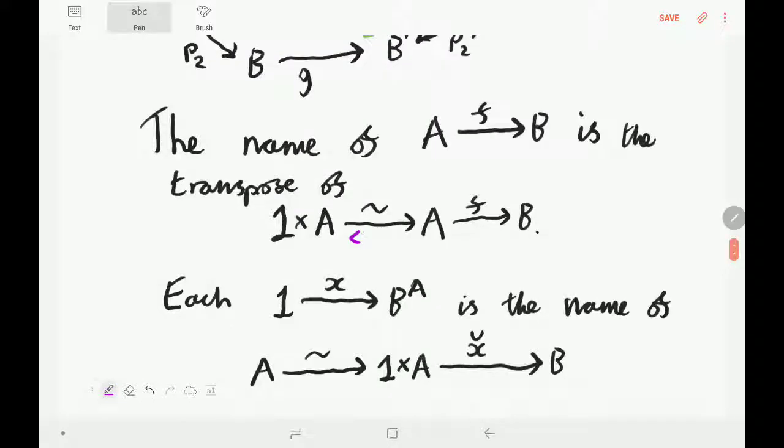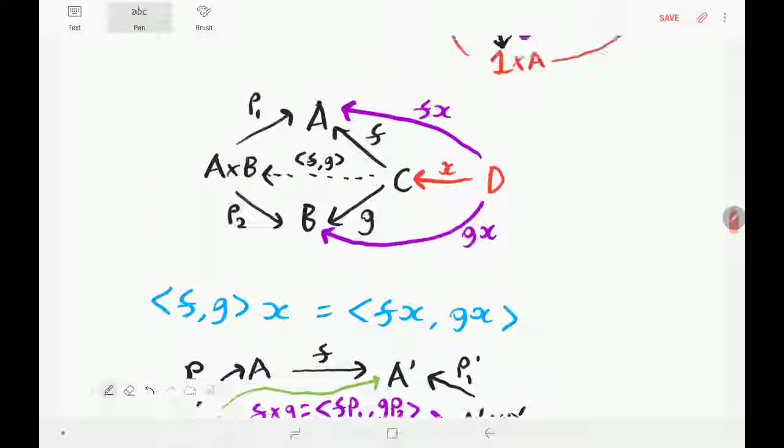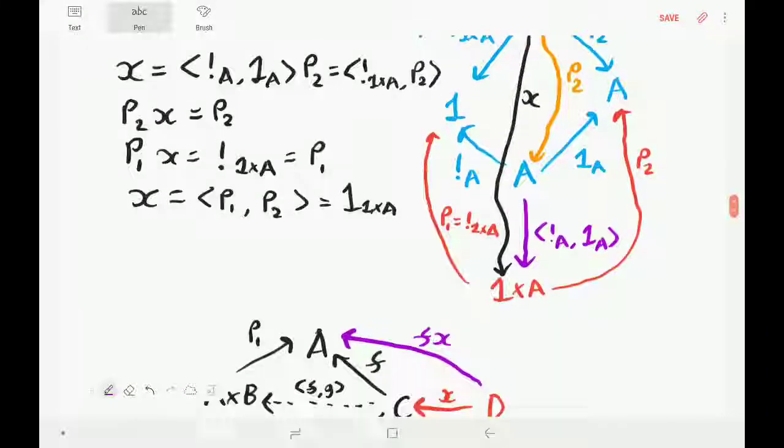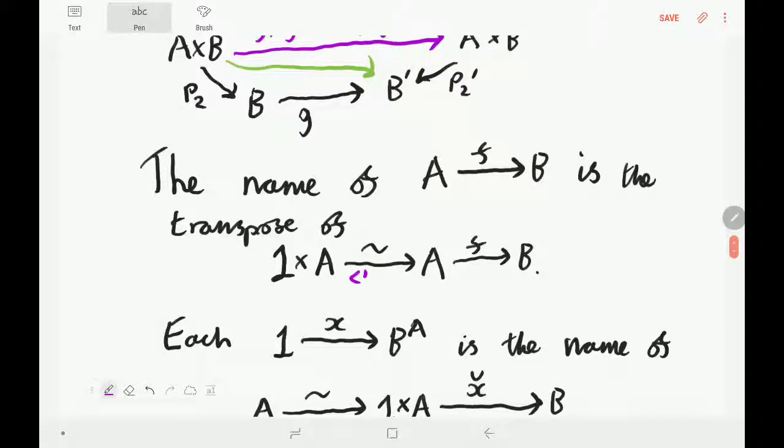So this is P2 here. So if we get f after P2, that'll be an arrow from 1 times a to b.